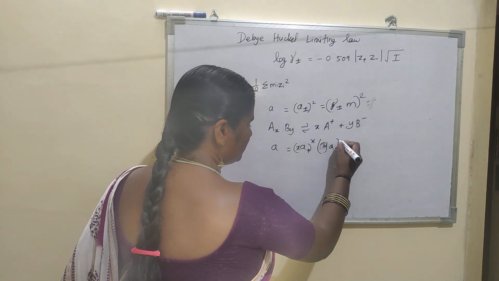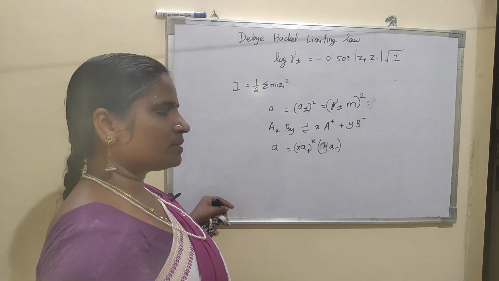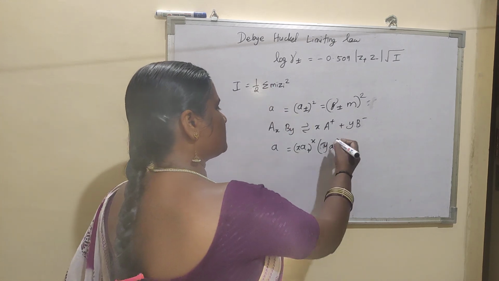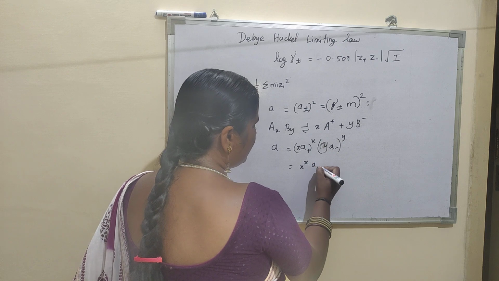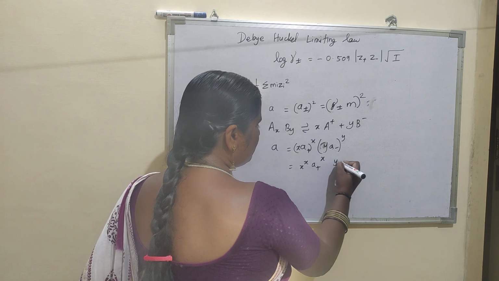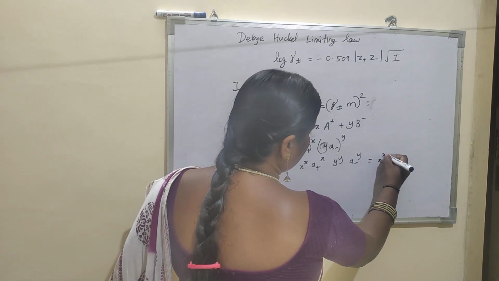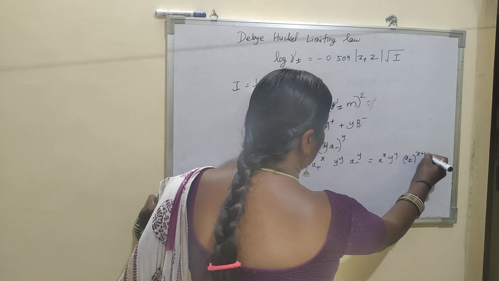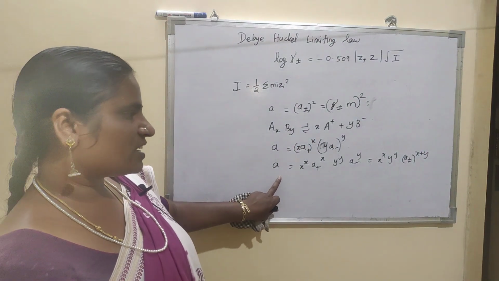Like in equilibrium, whatever the coefficients come at the front, we just put them in the power, right? So by doing this, you will get X power X and A plus power X, Y power Y and A minus power Y, that is X power X and Y power Y, A plus or minus power X plus Y. So this is the activity for generalized electrolyte.